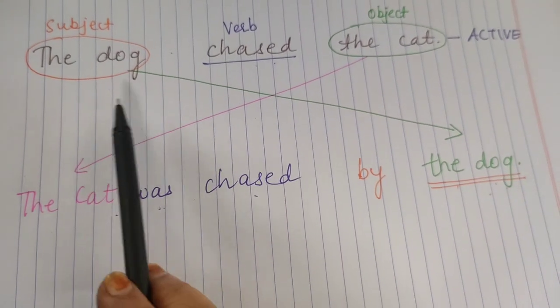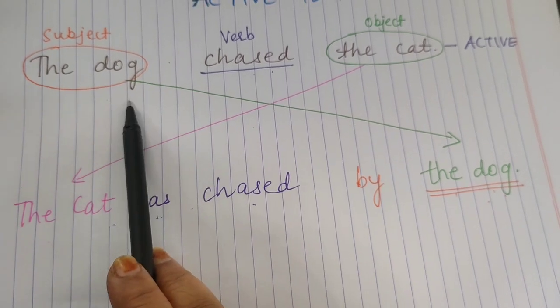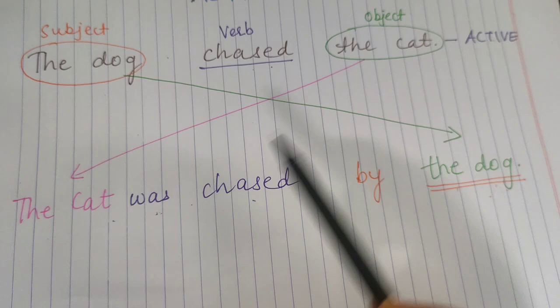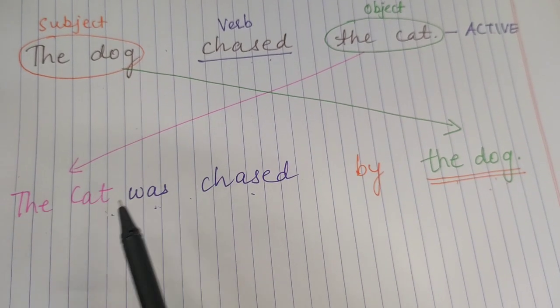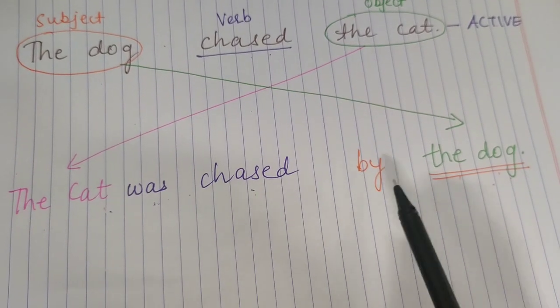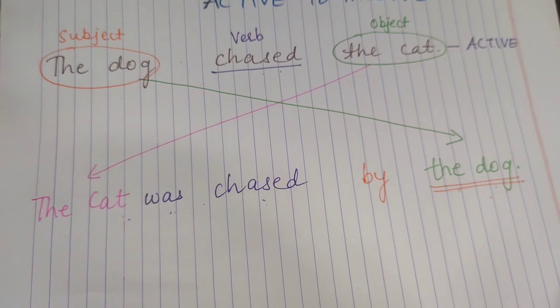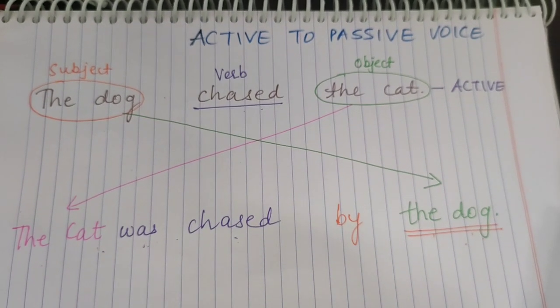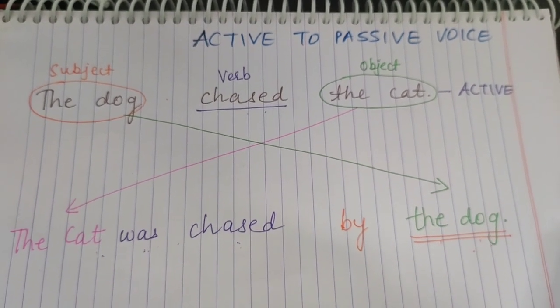So the active voice was the dog chased the cat, whereas the passive would be the cat was chased by the dog. I hope this has been a little helpful. I would like you all to try more questions, and thank you for watching.